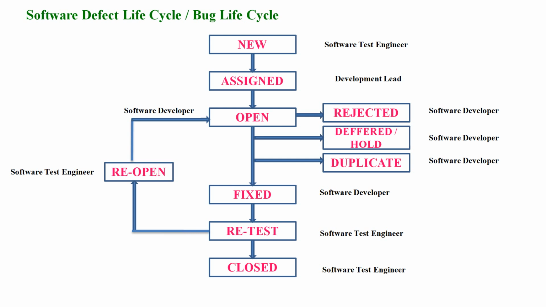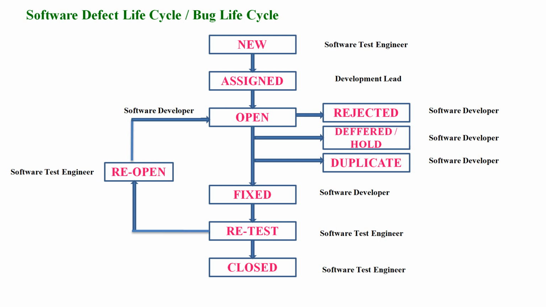Clear? Once the development lead assigns that defect to the concerned software developer, immediately the concerned software developer will open that defect. Opening the defect is nothing but he will look into that particular defect. That is called open. So the software developer will assign the status as open to that defect.